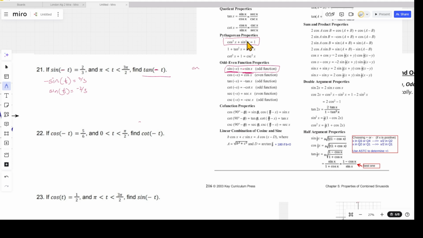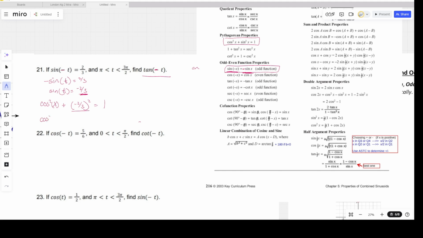Pythagorean. So I'm going to replace that sine squared with my value for sine. Now I can simplify all this and figure out what cosine is.